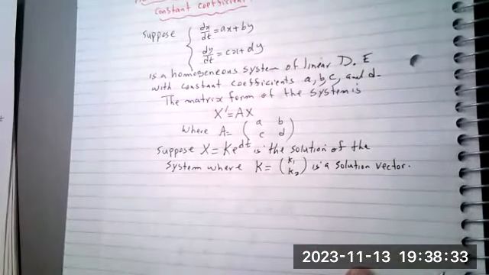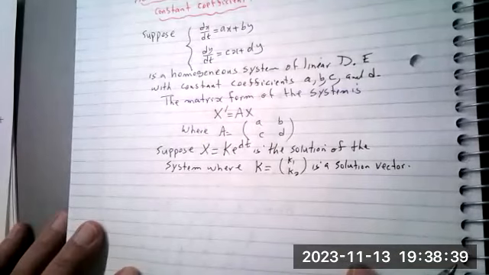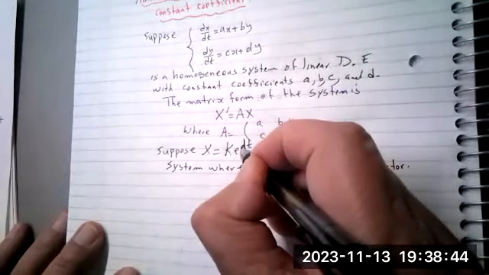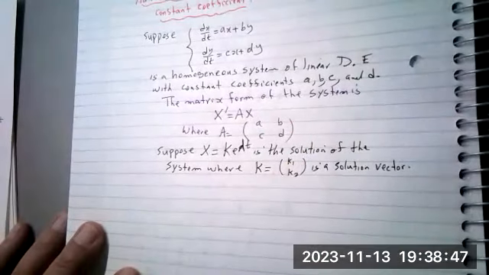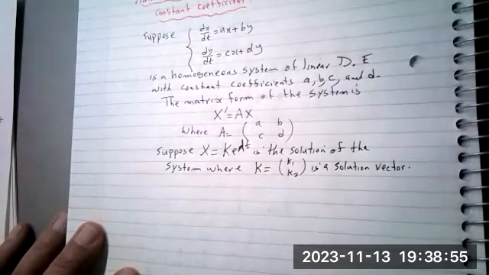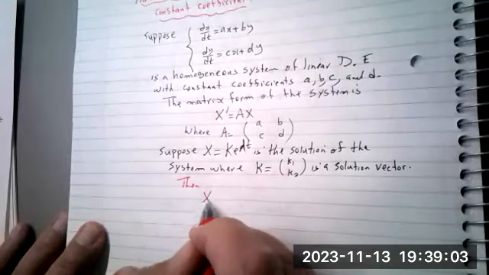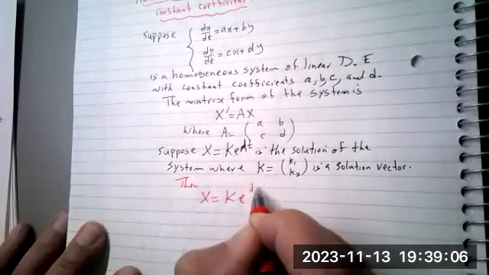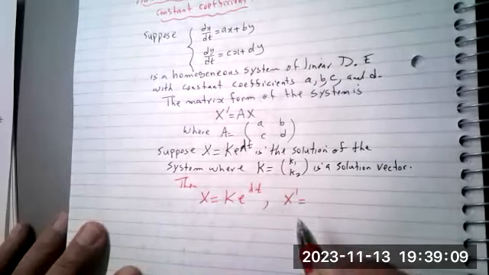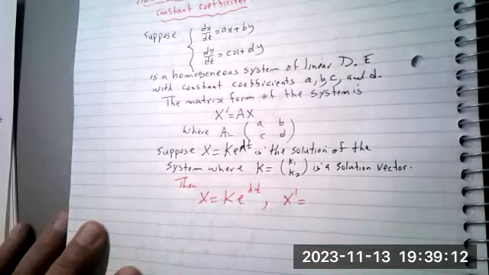Now as we did before, it's lambda t in the exponent, and lambda is the eigenvalue. If this is going to be the solution of the equation, it must satisfy the equation. There you are, your x is K e to the lambda t. Differentiate it: what's x prime?